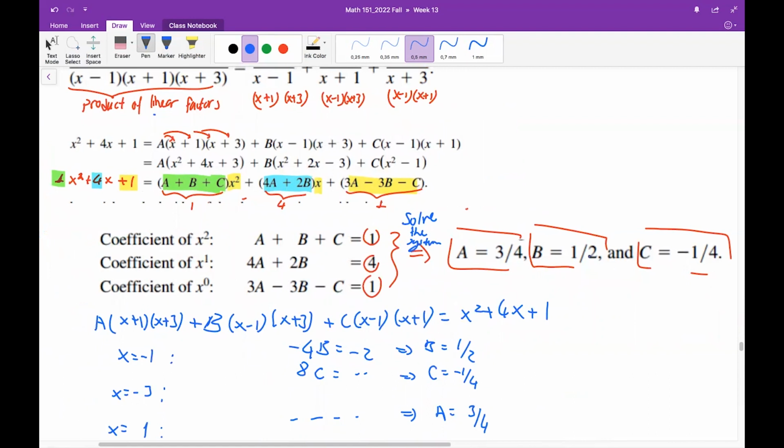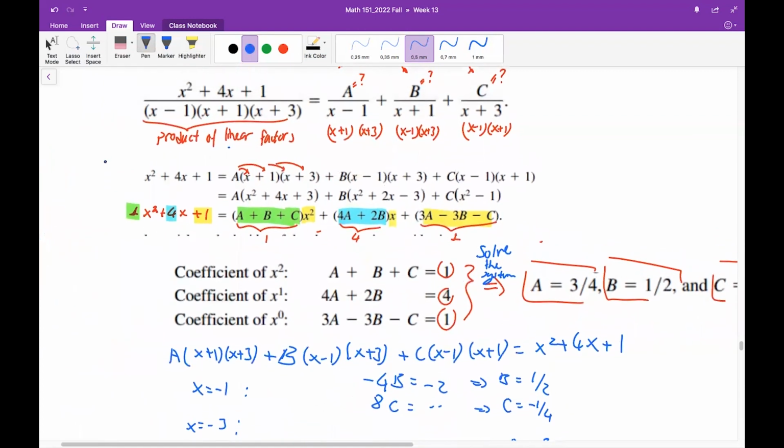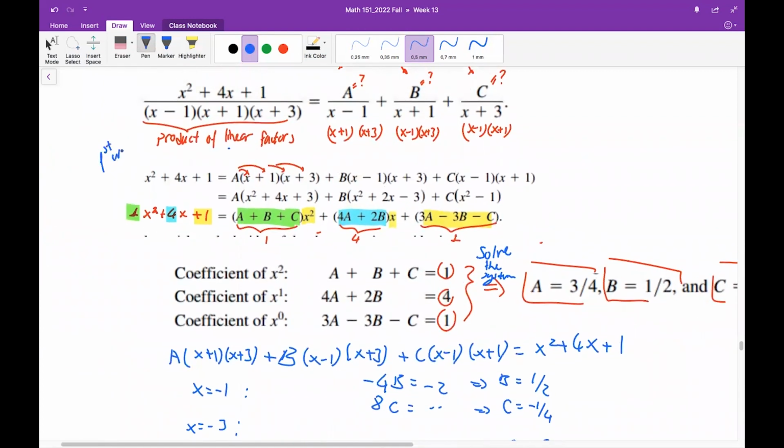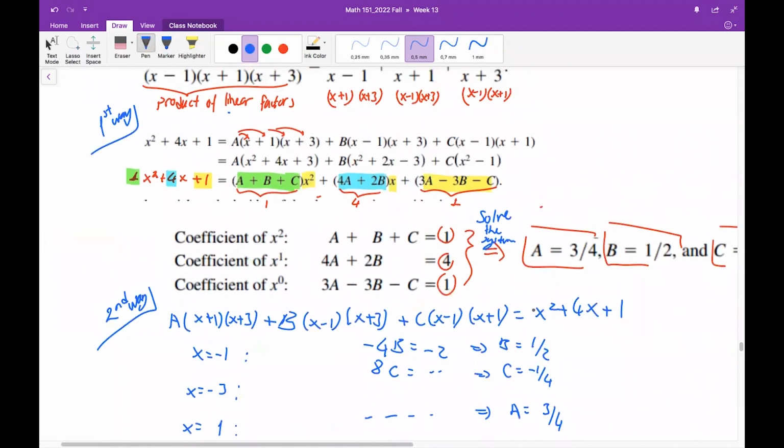Or there is this second way to find the coefficients here. Let's call this the first way. Or you can follow the second way. So this is the equation that we have here, right?